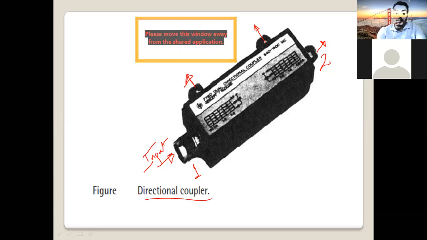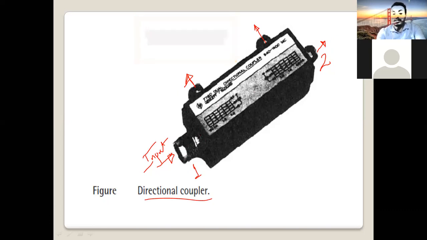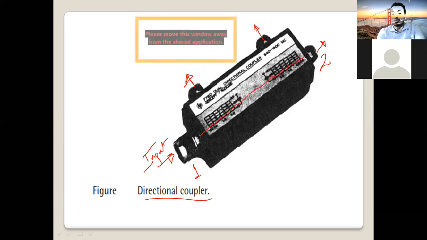If you apply a signal from the input port, inside the directional coupler there is a transmission line that goes all the way from port 1 to port 2. So the signal is transmitted in this transmission line. Let's say this is our first transmission line, TX1.